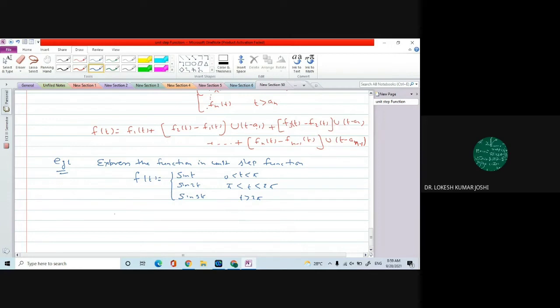f(t) will be, see carefully, f1(t) equals sin t, f2(t) is sin 2t, and f3(t) is sin 3t.